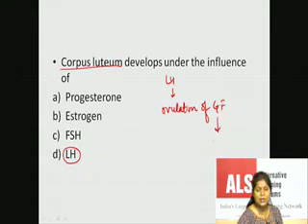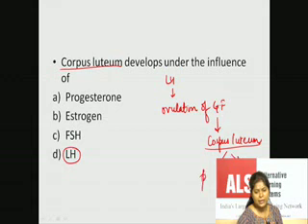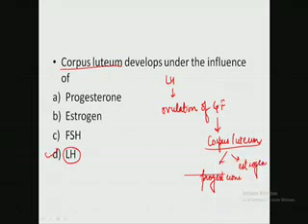After ovulation, the remaining parts of the Graafian follicle form this particular structure called corpus luteum, and this corpus luteum is a source of the two female sex hormones, that is progesterone and estrogen. Clear? So your correct option should be LH.